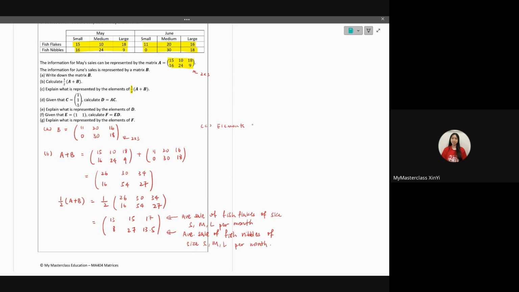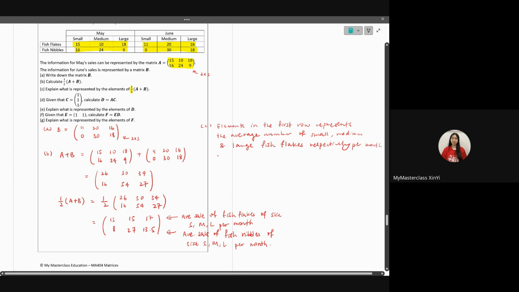So elements in the first row represents the average number of small, medium, and large fish flakes respectively per month.